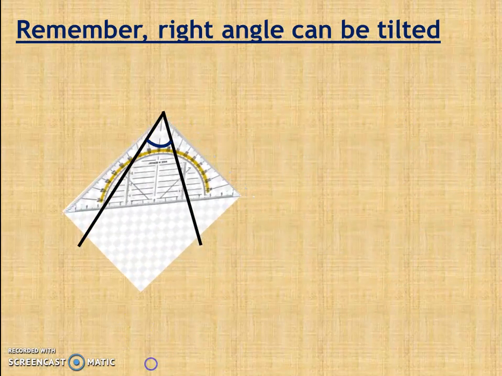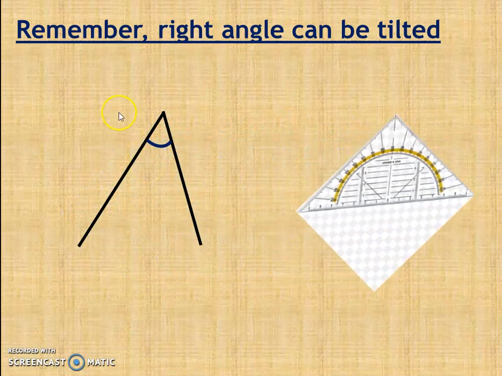Oops, this angle is not a right angle. So now you already know about right angles, right? The symbol looks like a small square, and a right angle is 90 degrees.